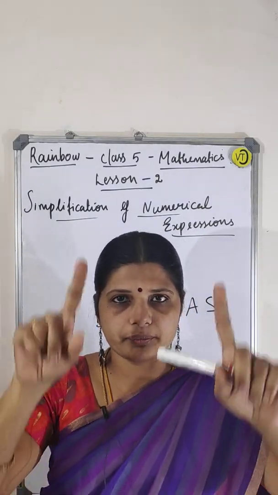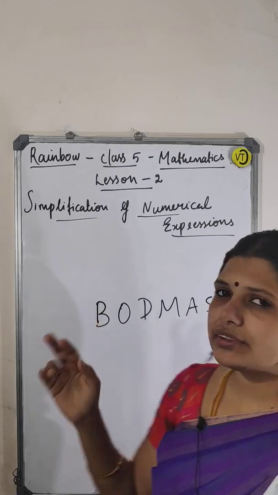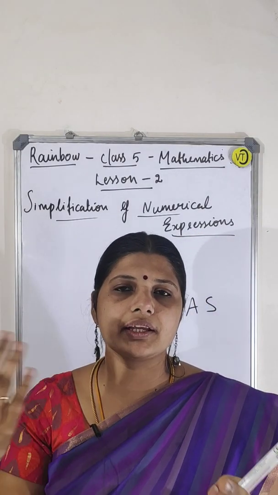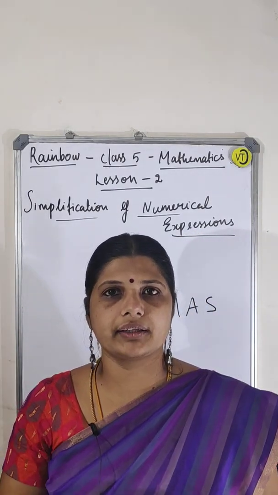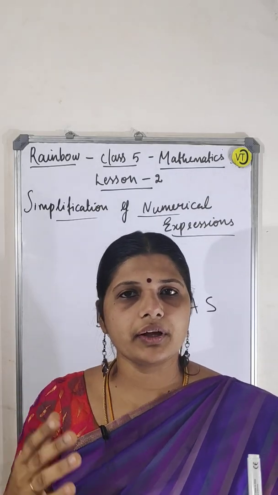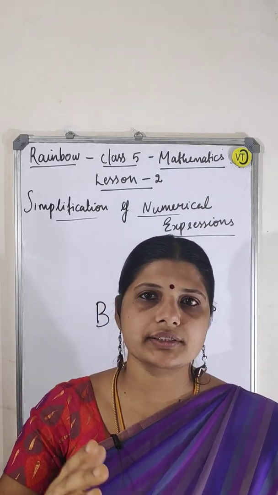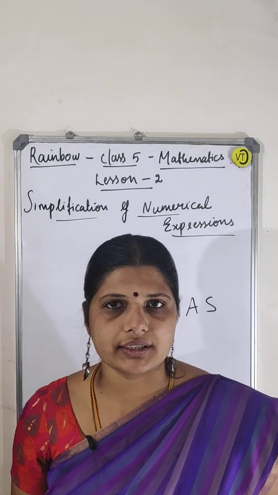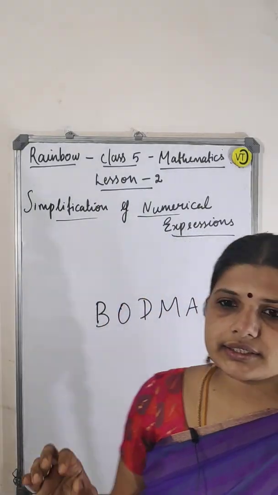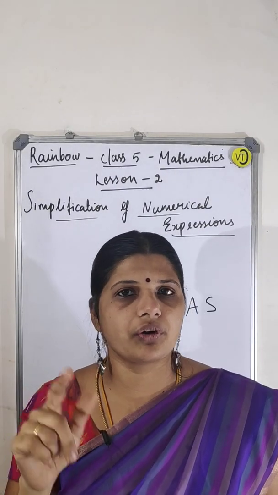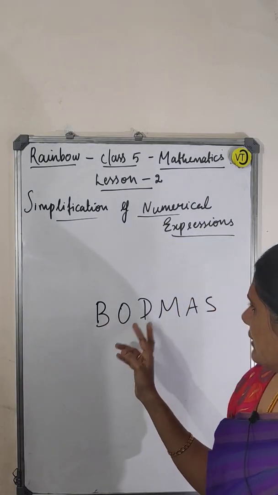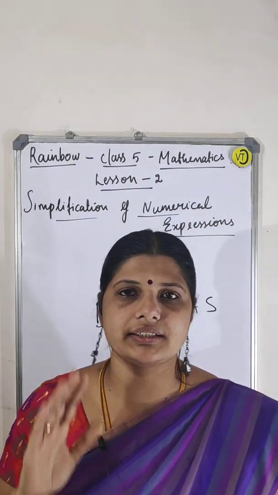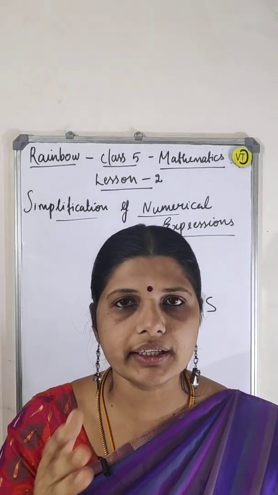B stands for bracket. There are many kinds of brackets, like square bracket and curly bracket. You can study more kinds of brackets in the next higher classes. O stands for of. The next one is D, which is division.